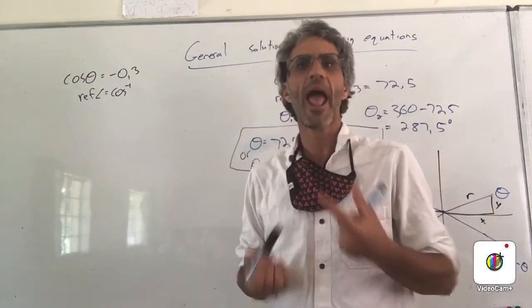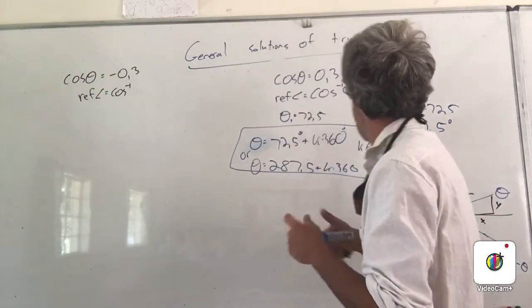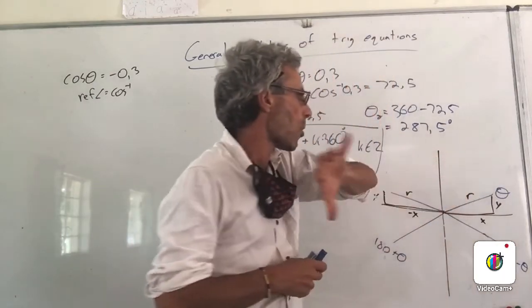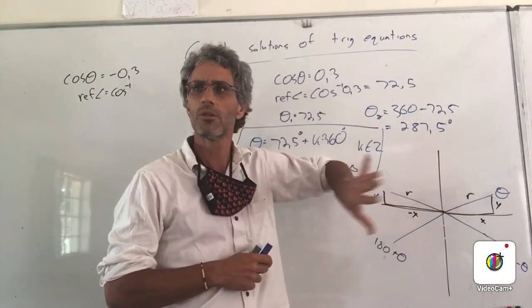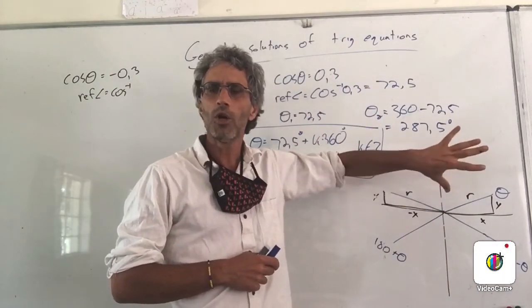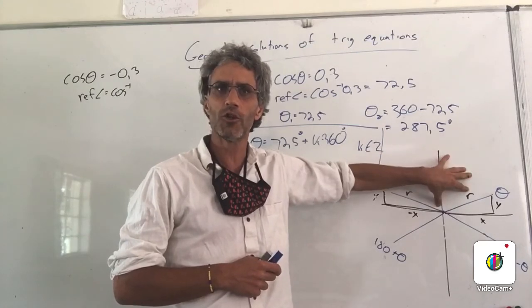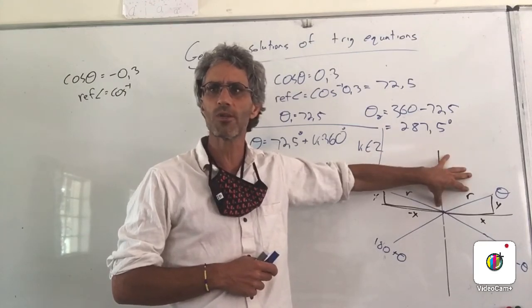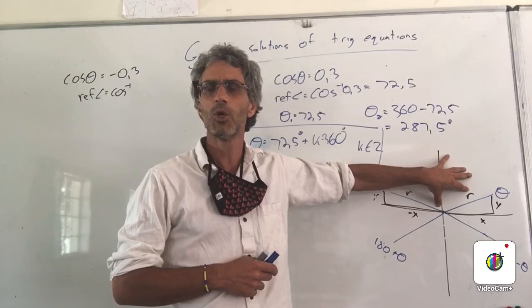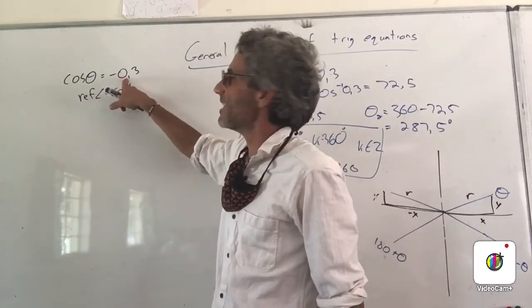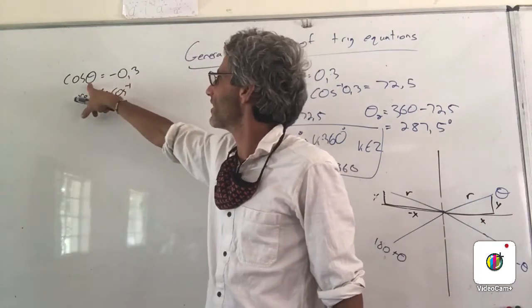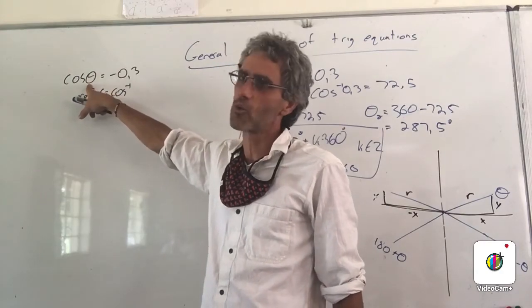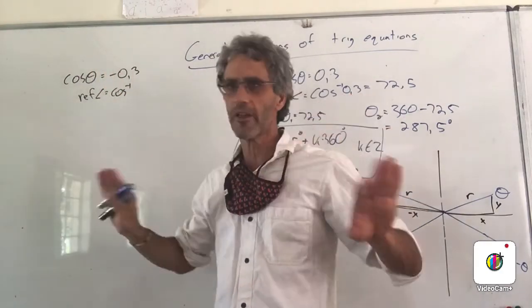It's an angle, we call it a reference angle. And as I said, the reference angle always lives in which quadrant? The first. Now, cos of an angle in the first quadrant, what will it be? Positive or negative? Positive. But this is negative. So obviously this angle does not live in the first quadrant.